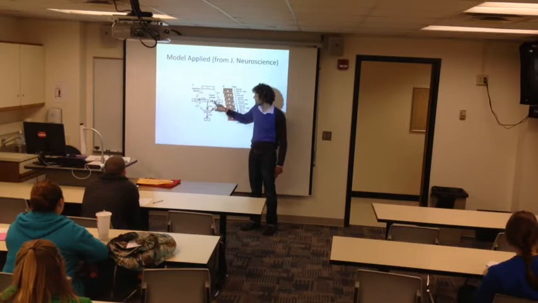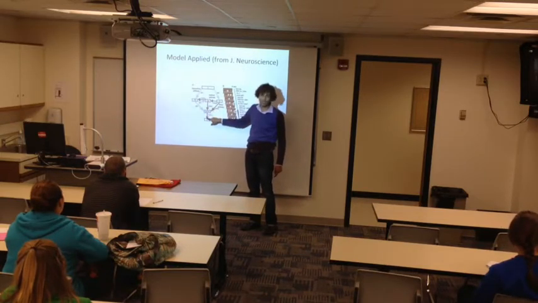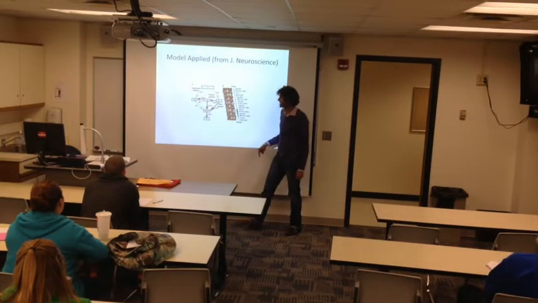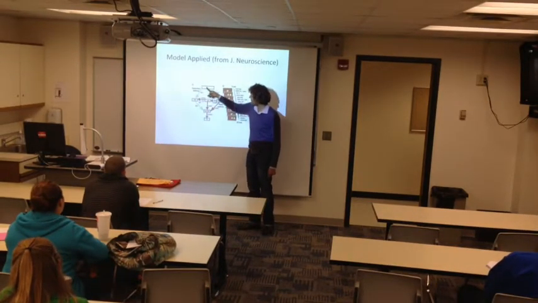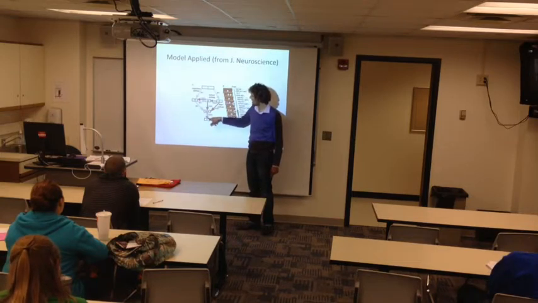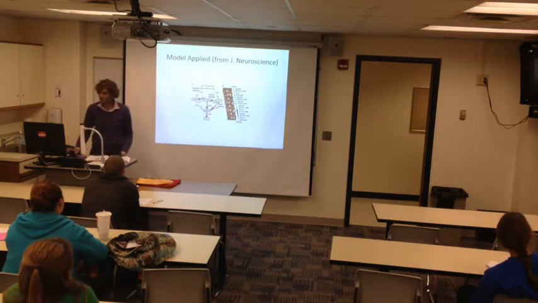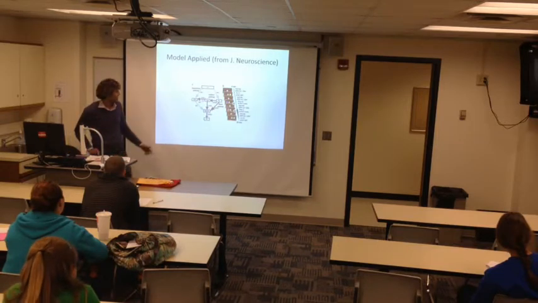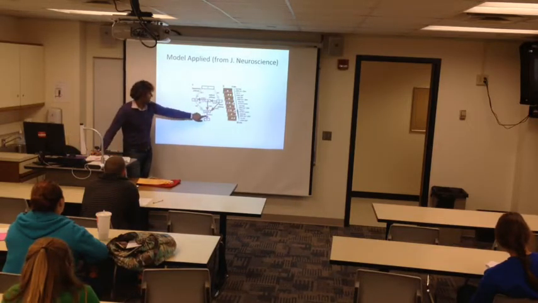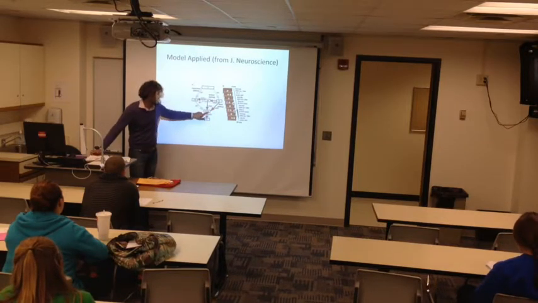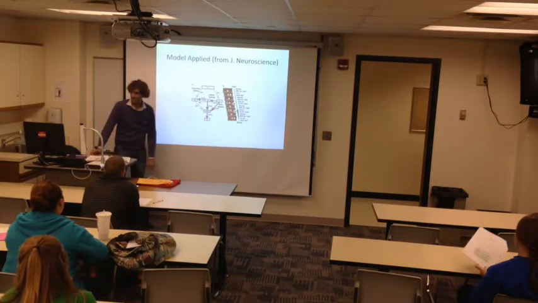So +1 times -1 times -1 times -1 is -1. And so that's an inhibitory effect. And then finally, the hyperdirect pathway has just the one GABAergic, again, -1 times +1 times +1 is -1. So excite, inhibit, the overall effect is inhibitory. Excite, inhibit, the overall effect is excitatory.